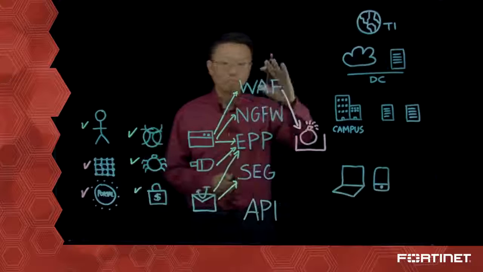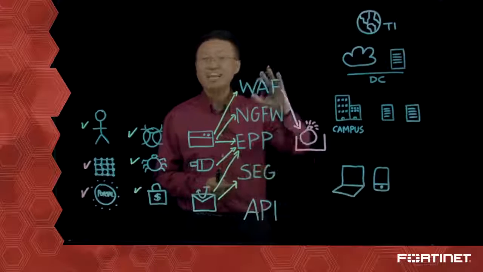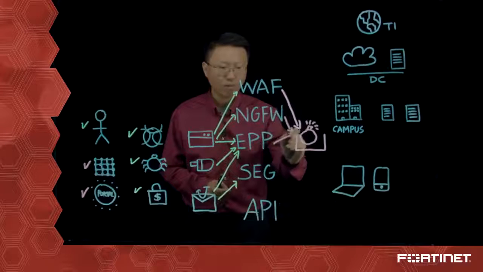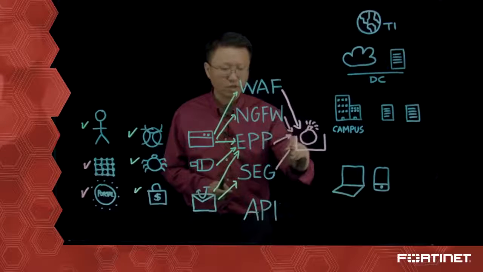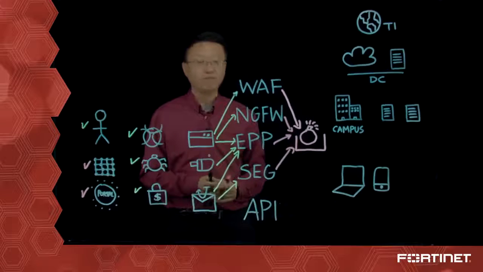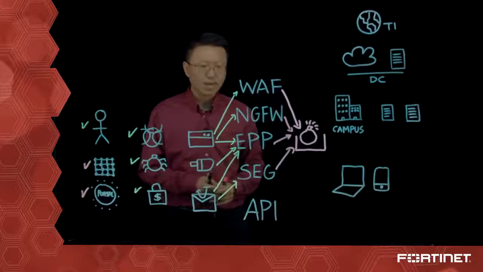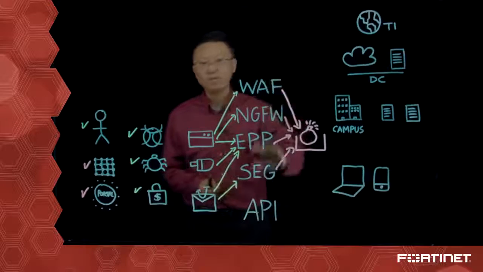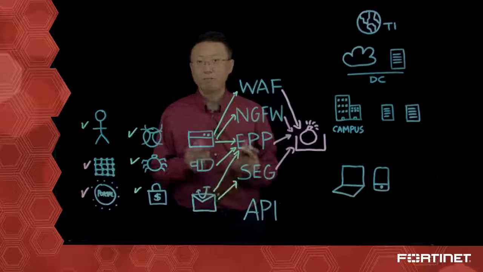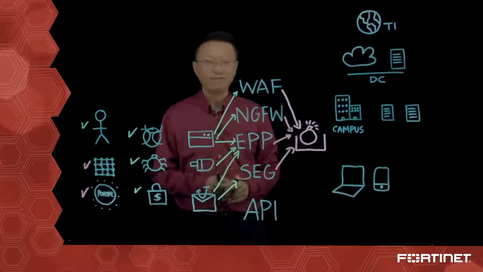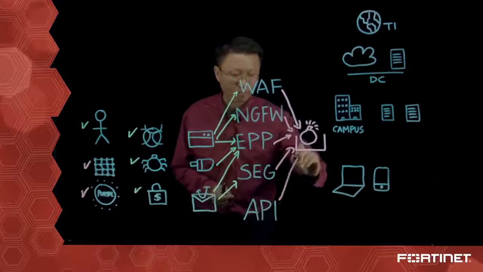And so from the perspective of the different inline security controls, the WAF, the next generation firewall, the endpoint protection, as well as the secure email gateway can send these objects to FortiSandbox for that further validation. And Sandbox also works not only natively with the different products within the Fortinet portfolio, but it also works with third-party vendors through the API.